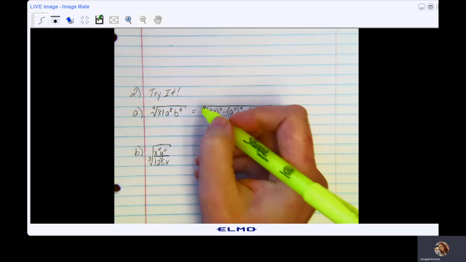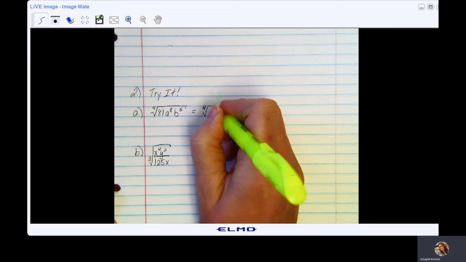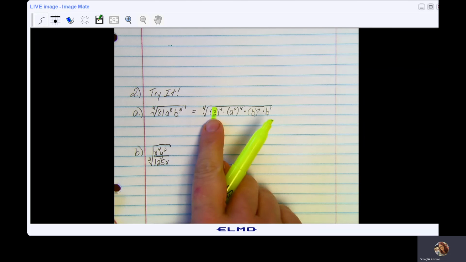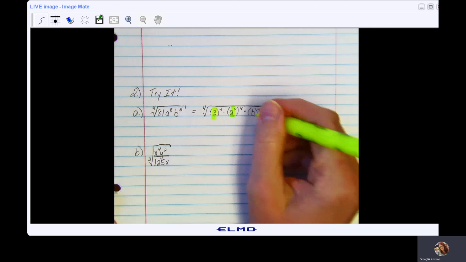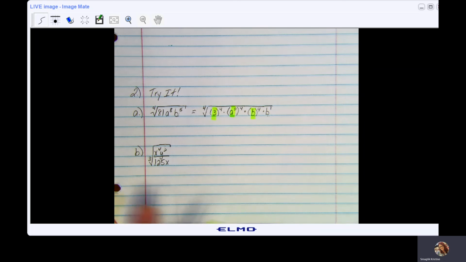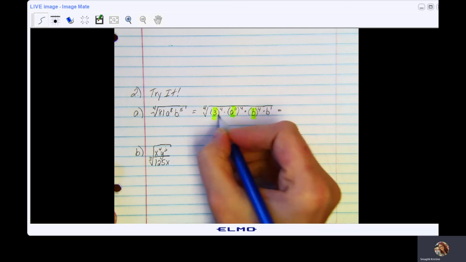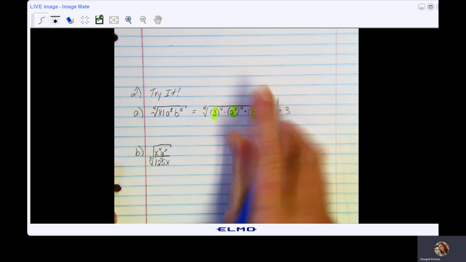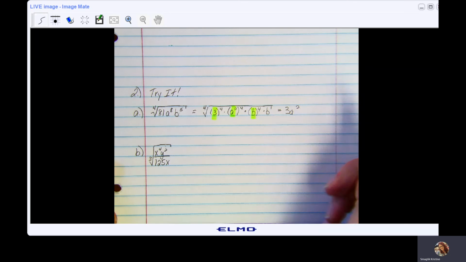So now I'm going to see, you're looking for that exponent of 4. They will undo each other. So that means anything that has that exponent of 4 in my parentheses can leave the radical. Anything else has to stay behind. So I can take out a 3, I can take out the a squared, and I can take out the b.